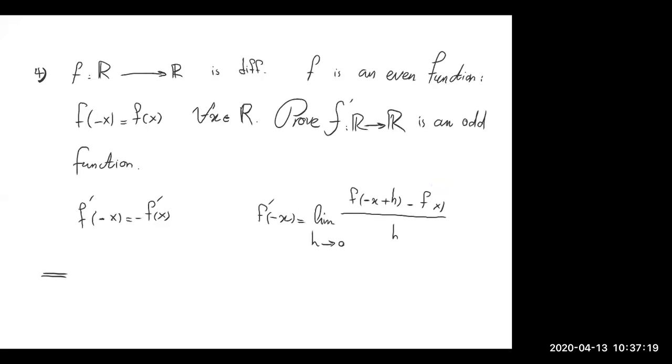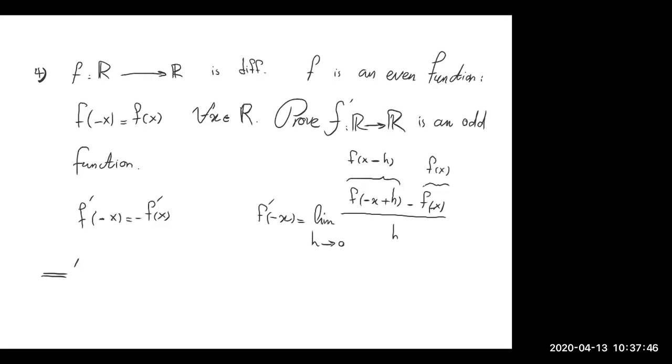So since f is an even function, f of minus x plus h is equal to f of x minus h, right? Because it doesn't matter if we change the sign. And f of minus x equals f of x.